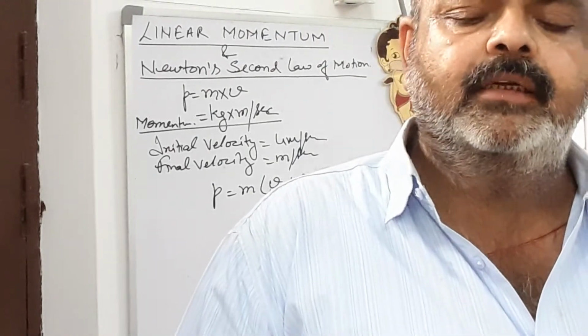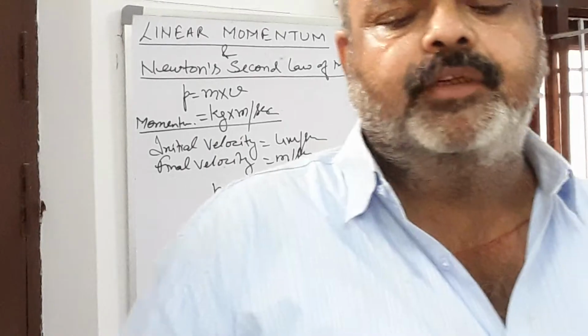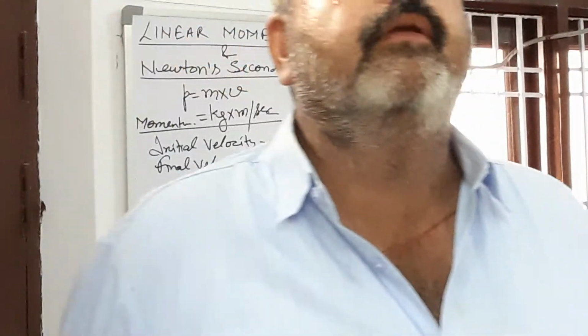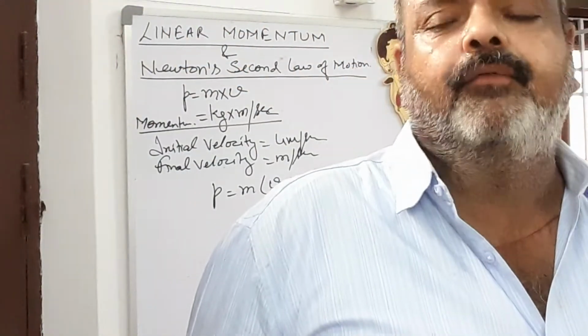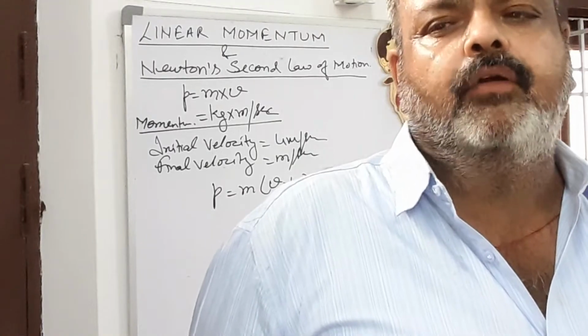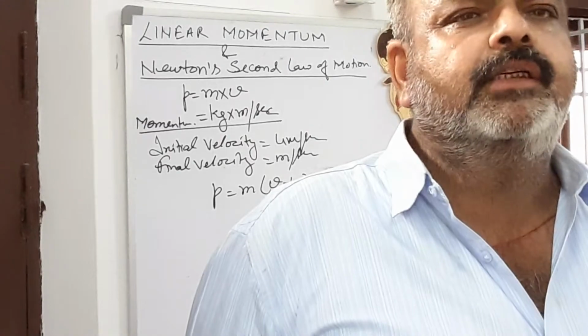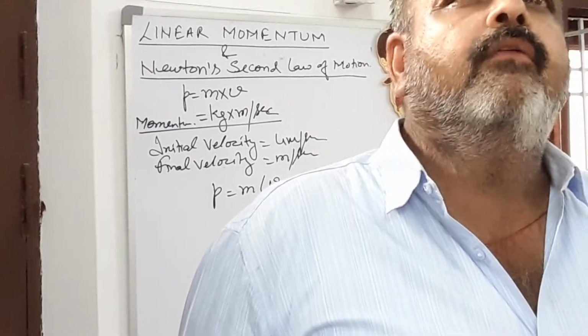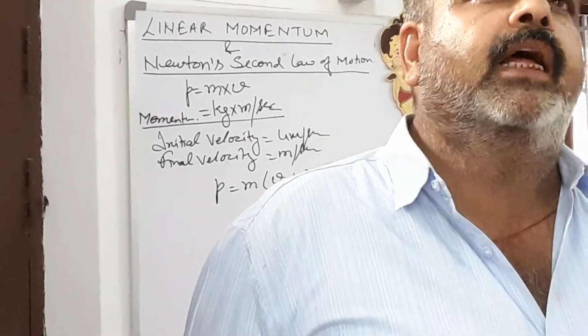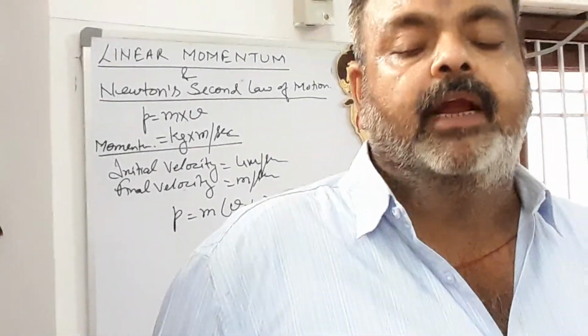In that case, the momentum changes when the speed of the body becomes equal to the speed of light. It remains the same when the mass remains constant, when the velocity of the moving body is very much less than the speed of light, that is 10 to the power 8 meter per second.